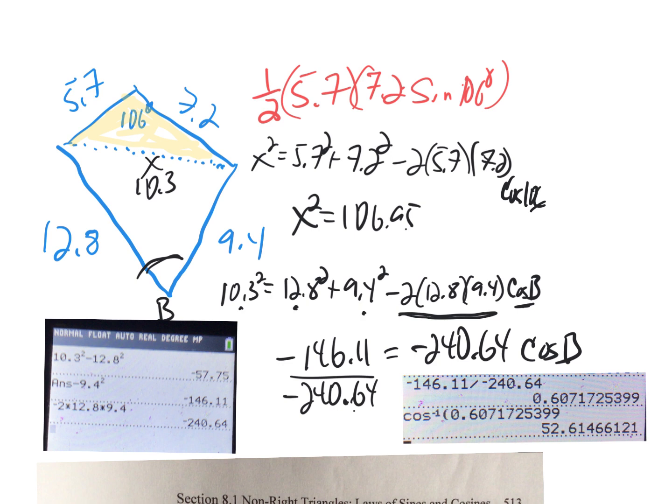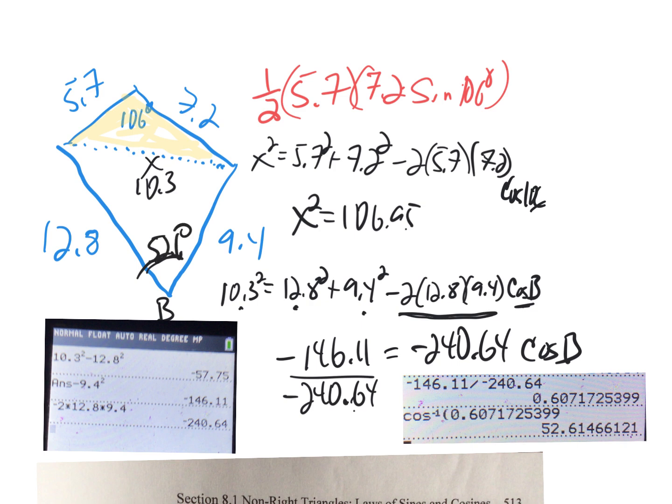As you see on my calculator, that's what I came up with here. Let me walk it through. I divided those two numbers and I came up with 0.607. And then I'm looking for the angle B, so I did the arc cosine of that answer, and that's how big that angle is. So this angle is 52.6 degrees.